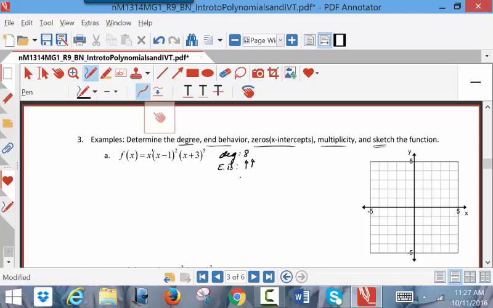Okay, so now let's find the zeros. To find the zeros, replace the y value, or the f of x, with 0. Then you set each of these terms equal to 0. So x is going to be equal to 0, x minus 1, and x plus 3.